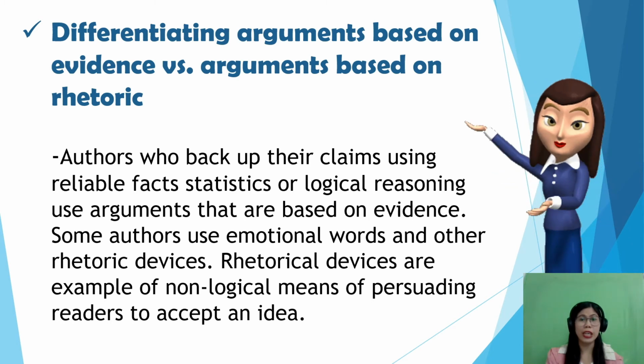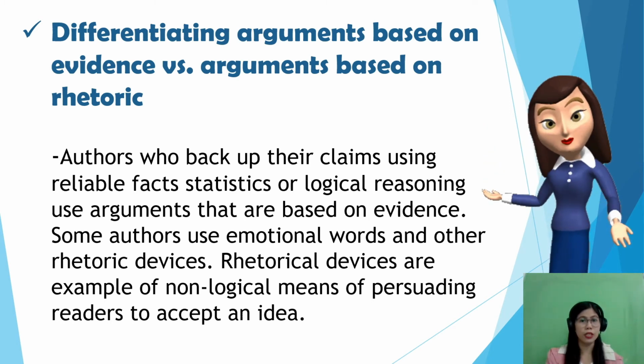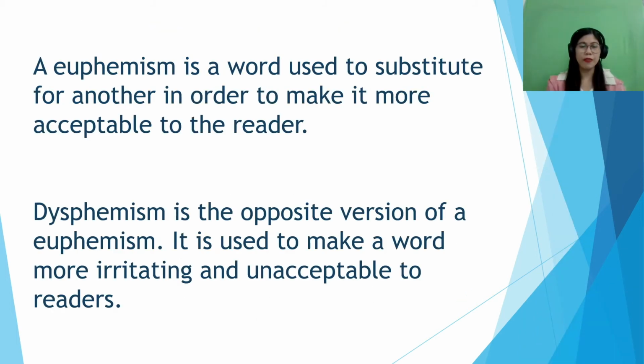Rhetorical devices are examples of non-logical means of persuading readers to accept an idea. An example of this is the use of euphemism. Euphemism is a word used to substitute for another in order to make it more acceptable to the reader. On the other hand, dysphemism is the opposite version of a euphemism. It is used to make a word more irritating and unacceptable to readers.